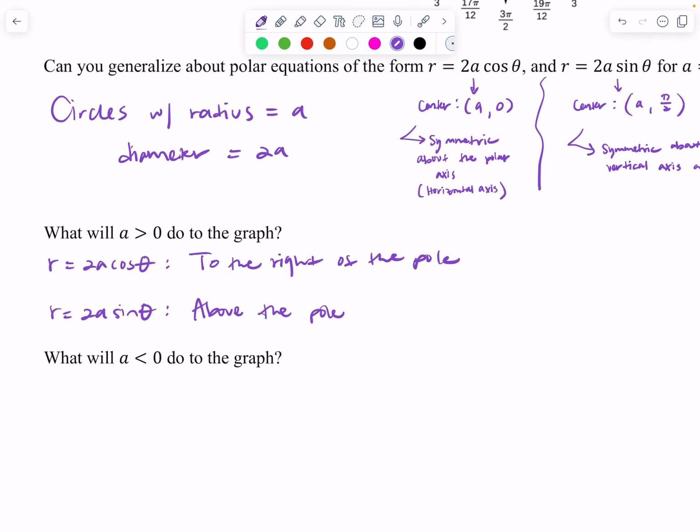And then whenever a is less than 0, the circle will be to the left. And the sine equation, when a is less than 0, will have the circle below the pole.